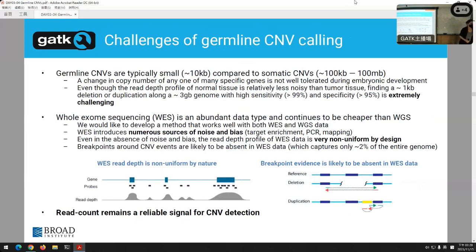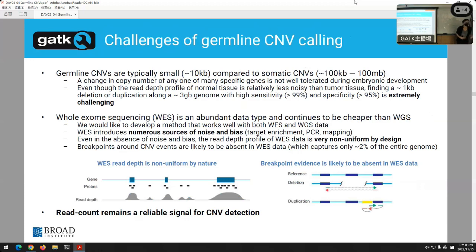As I said, if you have a really huge copy number variant like you see in a tumor, you might hit some really important genes, and then maybe you just wouldn't be able to survive that. So we don't see as many of those really huge copy number variants in the germline, although we see them sometimes. They're quite rare. Because those events are smaller, that makes it a little bit more challenging.